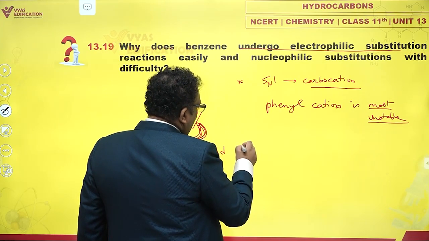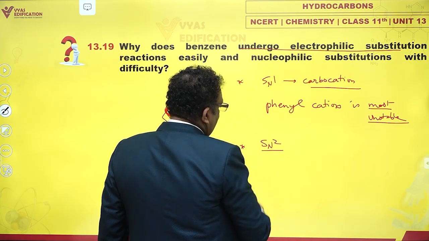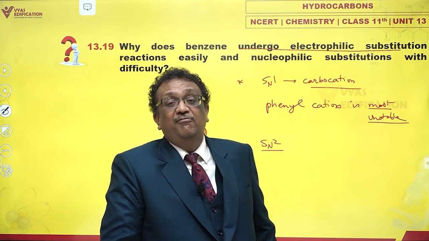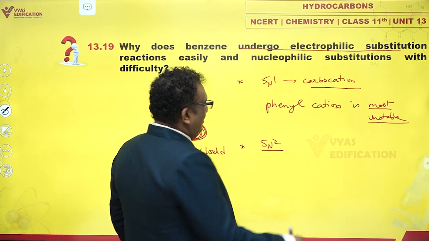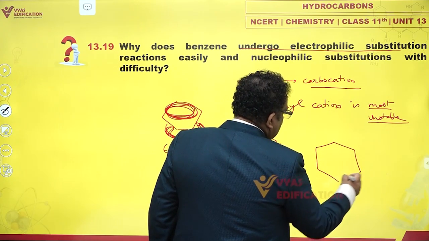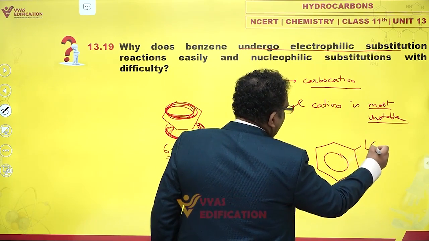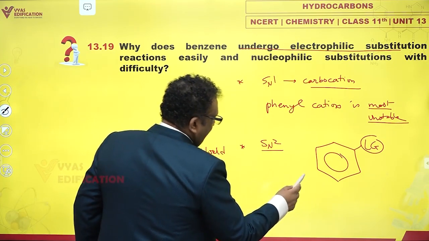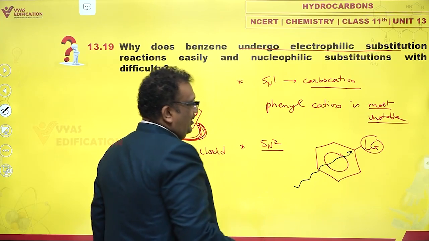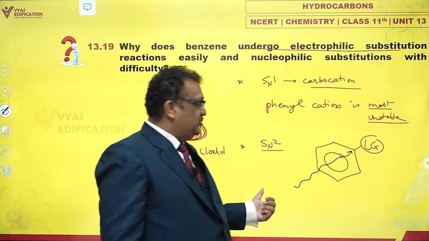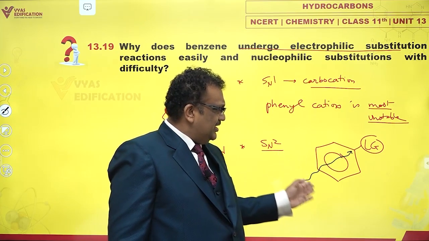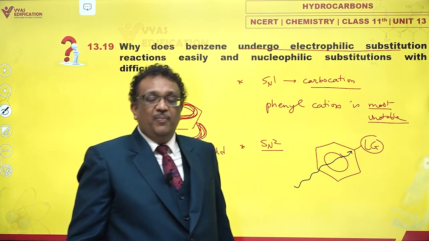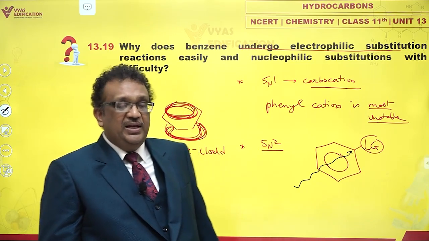What about the second possibility, SN2? SN2 is also possible, but again there is a problem: the problem of backside attack. In classical SN2, if you have a leaving group, exactly from the opposite side there has to be an attack. Unfortunately, on the opposite side there is an entire molecule. So unless you destroy the molecule itself, you can't have a backside attack in the SN2 mechanism.